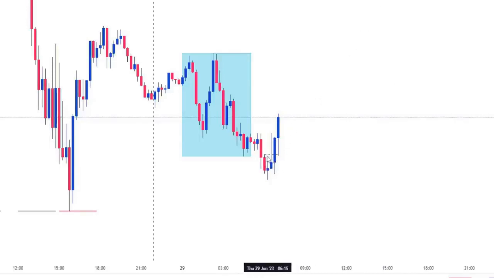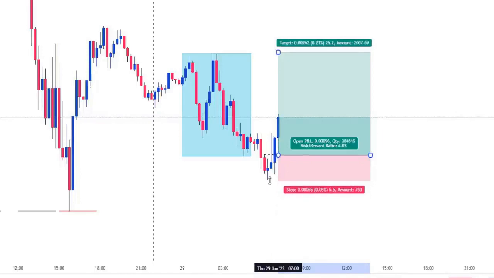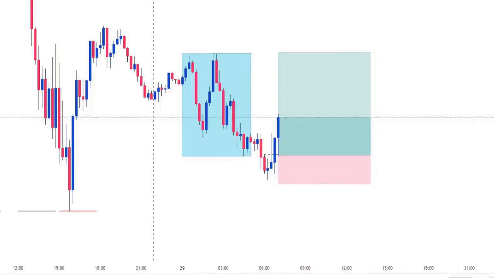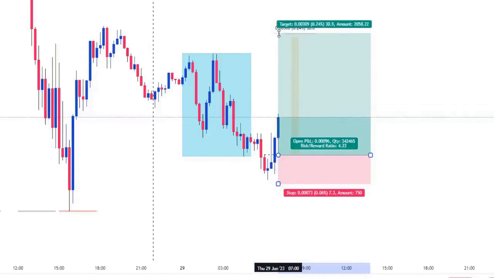So this is where we want to take trade, either at the tip, or you can decide to bring it to the middle, but it is better to take it from the tip, and your stop loss is obviously below here, and we said we need just 30 pips. We will target the liquidity here and here. Okay, 30 pips is what we are looking for. 30 pips is enough for us, and that is exactly what we are looking for. 30 pips right there.